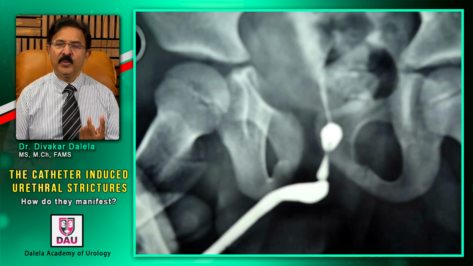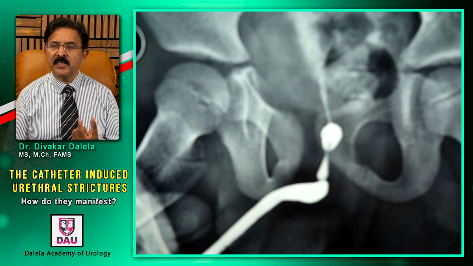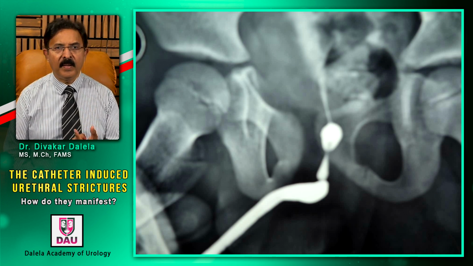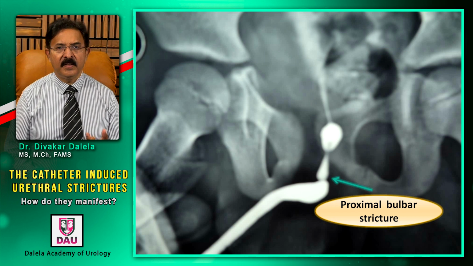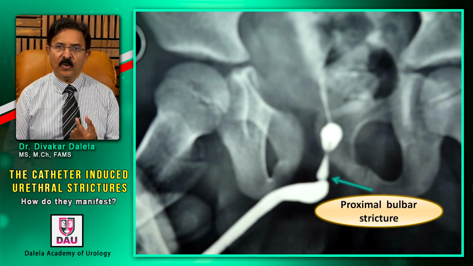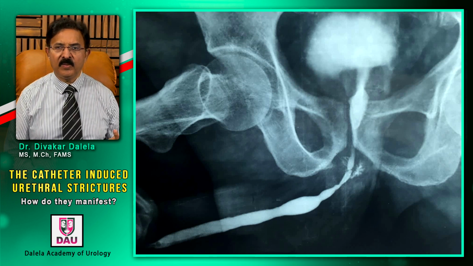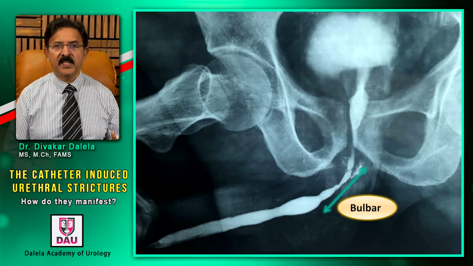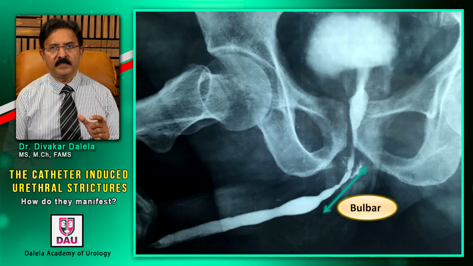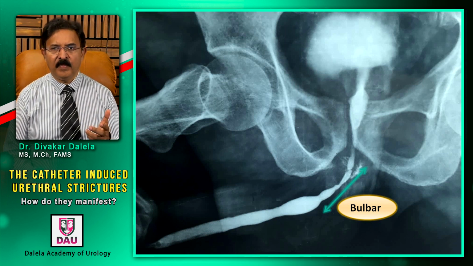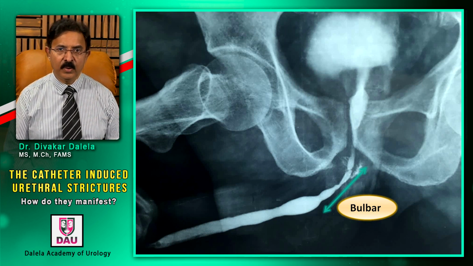And here the urethrogram shows a third location stricture, which is proximal bulb or mid bulb. And this is a short segment stricture. All these are catheter-induced strictures. This patient also has a proximal bulbar stricture, half the bulb is involved. Again, another example of probably balloon-induced trauma.